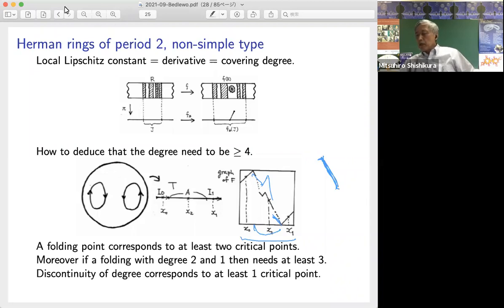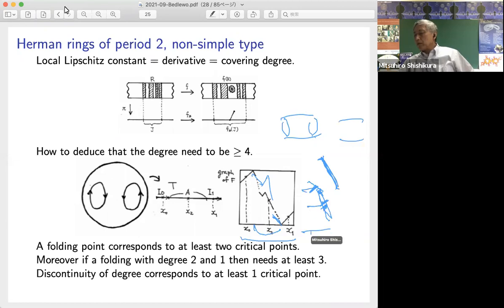So that means somewhere you have degree 1, and you have to switch to degree 2. And again, you have a discontinuity. What does it mean? On the level of the sphere, you have 2 points on both sides that correspond to these circles, and that maps to the image.